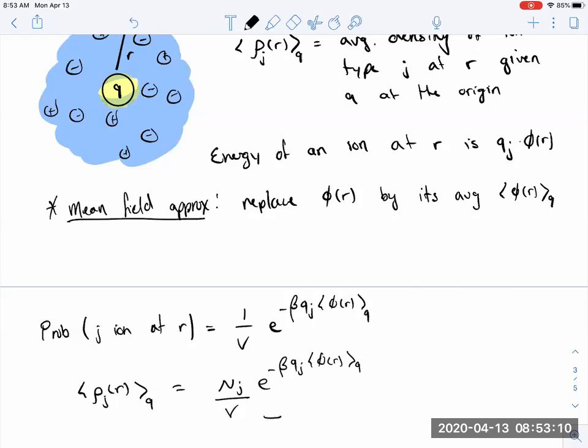So the density at some position R is just the bulk density times a Boltzmann factor that will tell us what positions ions are enriched or diluted due to favorable or unfavorable electrostatic potentials.